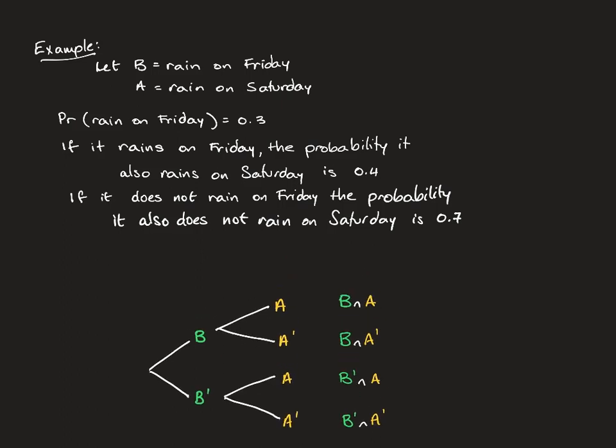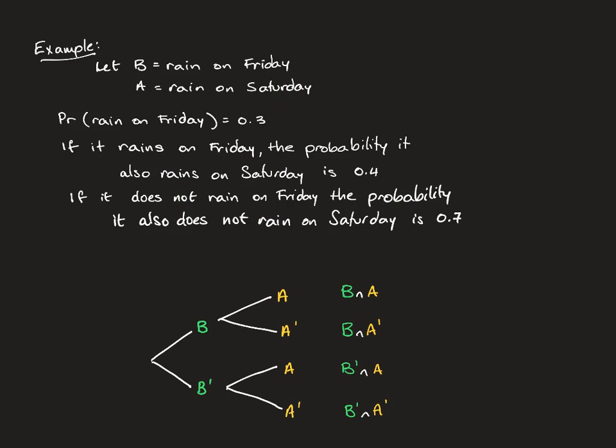Let me move this down a little bit. So we have here that the probability that it rains on Friday is 0.3. So let me put that onto the tree diagram. Raining on Friday is B, so that will be 0.3, which means the other branch is 0.7, because any split on the tree has to add to 1.